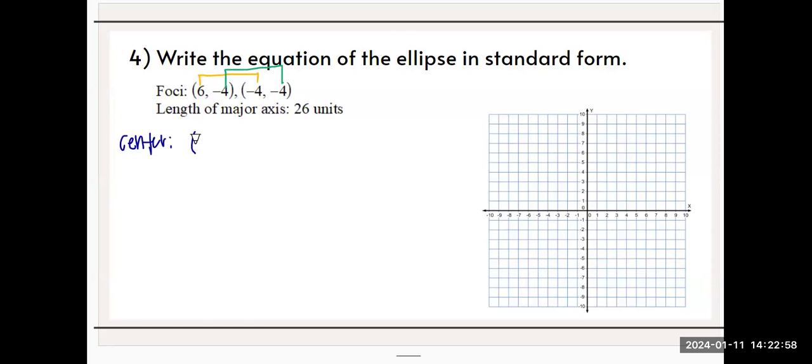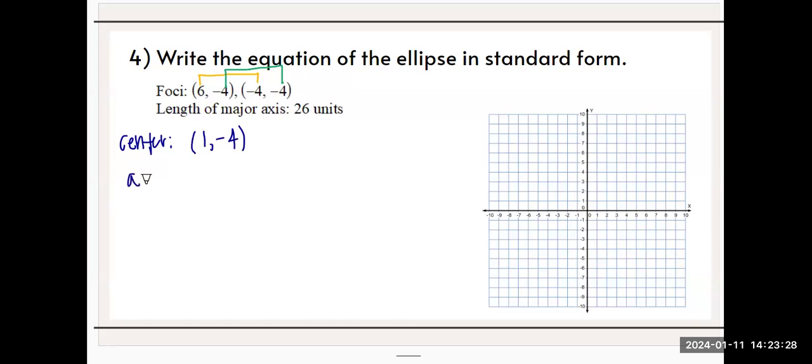And you can tell that, Georgia, because of the direction of the foci. Good. Mm-hmm. 1, -4. Okay.